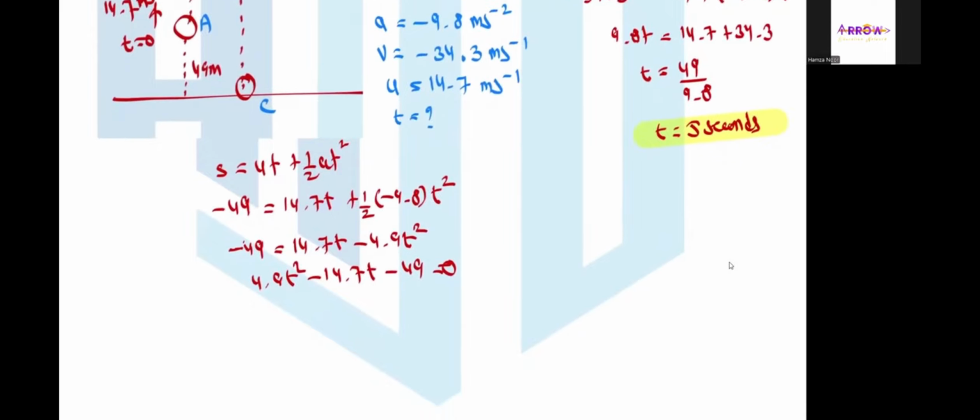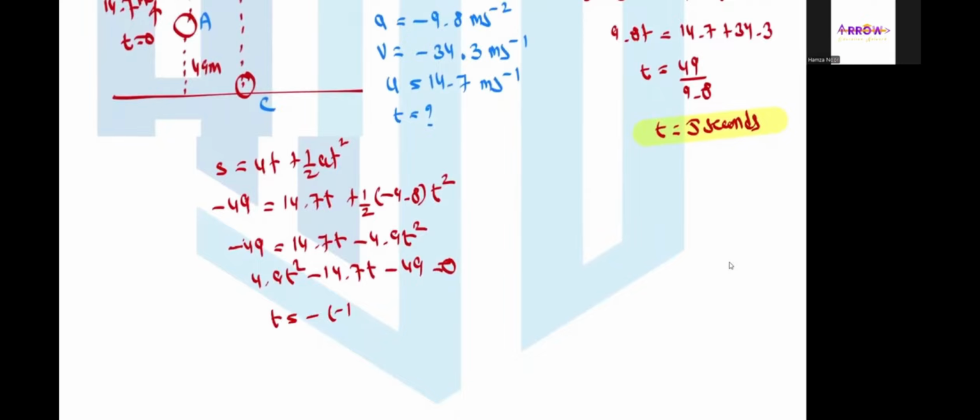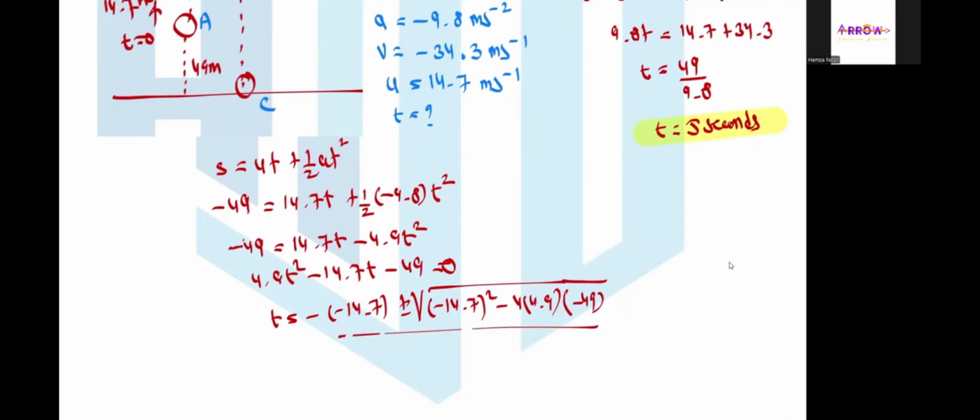So just use the quadratic formula. t is equal to minus b plus minus under root of b square minus 4ac, completely divided by 2 times a. Just find the values. So t is equal to 14.7 plus minus what? b square minus 4ac, what is this?